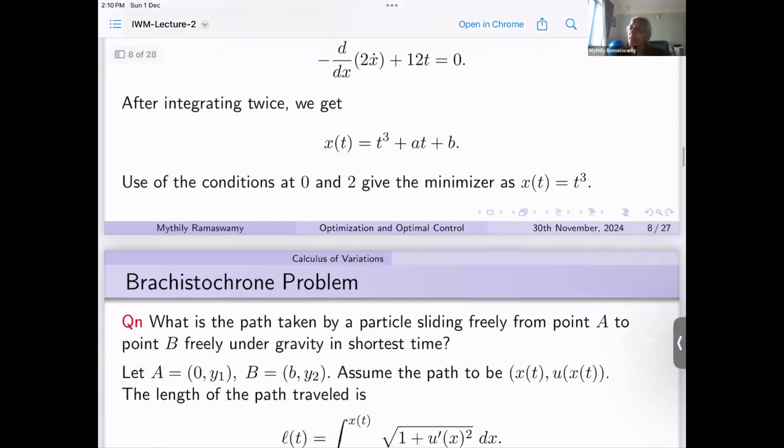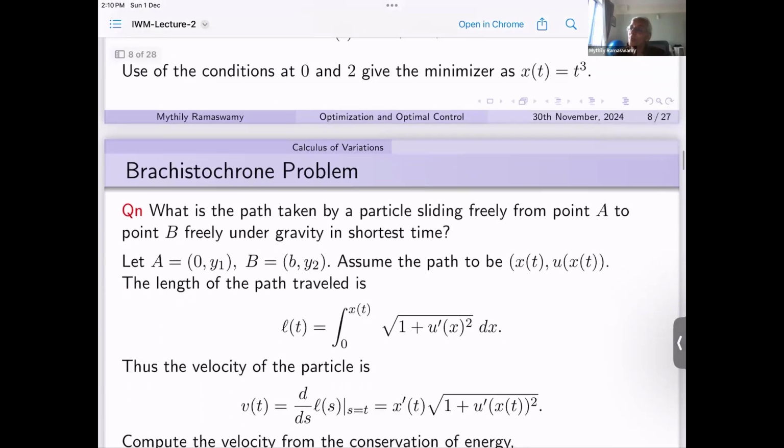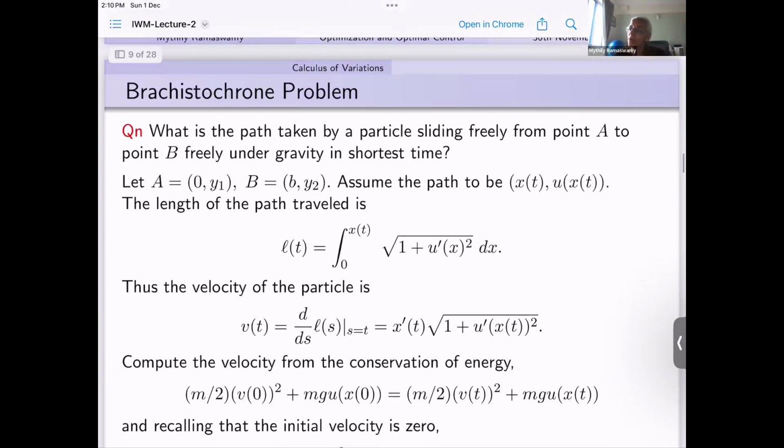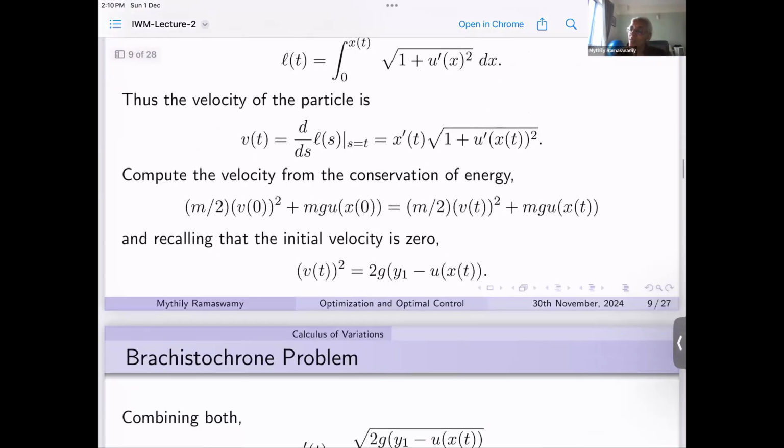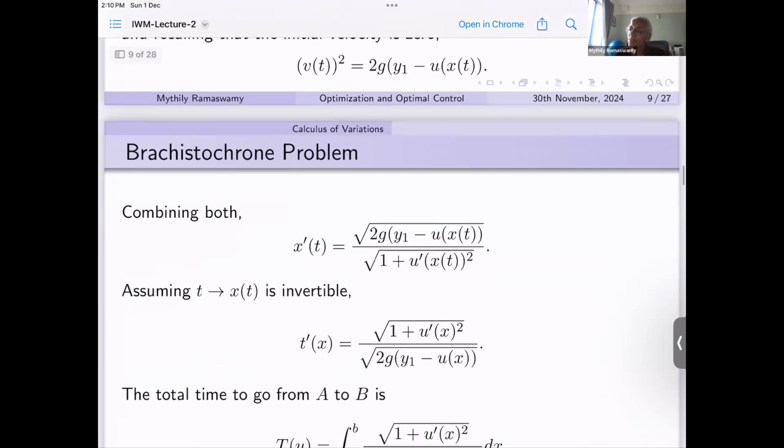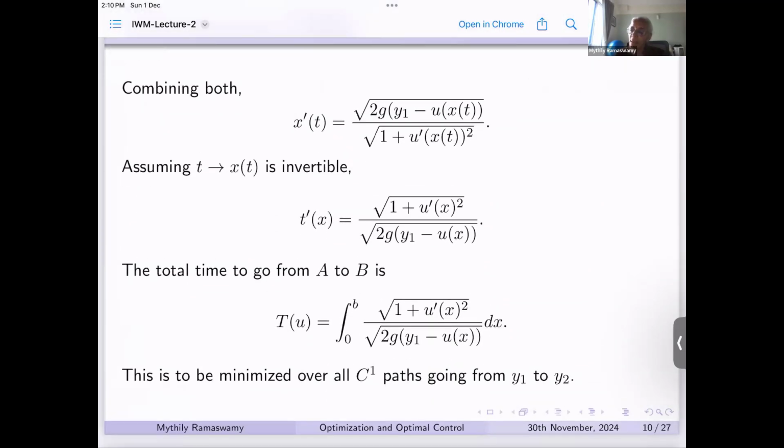Let us see if we can apply it to the Brachistochrone problem, and that is what I wanted to derive. What is the J? After some computations, we arrived at the T of u, which is the time taken to go from point A to point B, of this form: integral from 0 to b of square root of 1 plus u prime x squared over square root of 2g into y1 minus u(x).